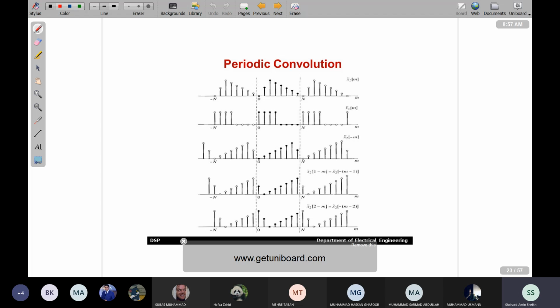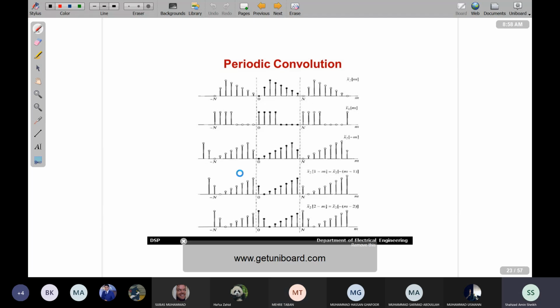That convolution, by virtue of the properties which periodic sequences have, is periodic convolution, and there are some inherent properties or requirements with this periodic convolution. Now we will be moving towards DFT, and sometimes we will have to employ the properties of DFS as well. So you will be seeing it. Mehrtaba, have I answered your question, beta?